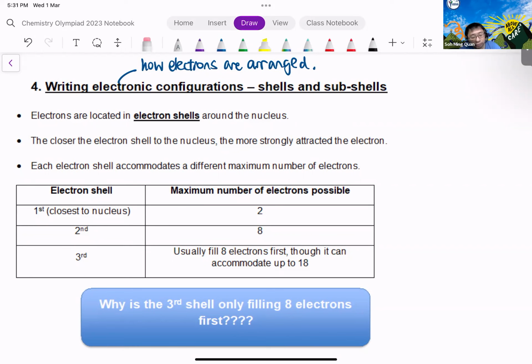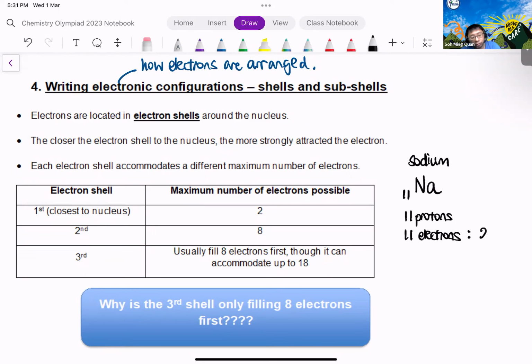For example, sodium. If you look for sodium in the periodic table, it has the chemical symbol Na. Sodium has 11 protons, and because of that, it will have 11 electrons. So how are these 11 electrons arranged?